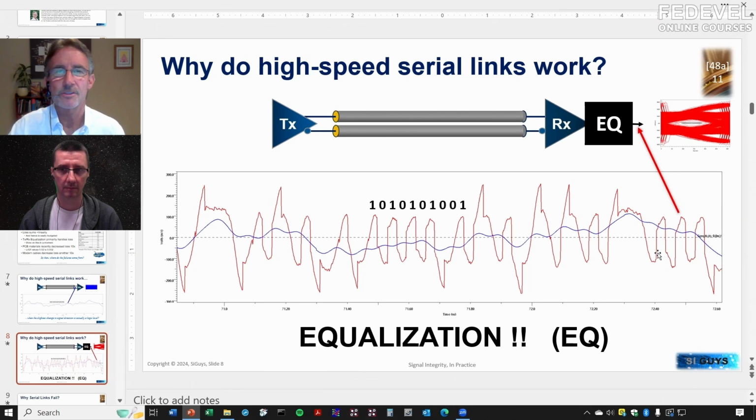There are similarities, but there are differences in design, because the IC vendors are trying to compete with each other, right? It's like, my equalizer is better than your equalizer. But there are similar techniques, and that's what this is showing.